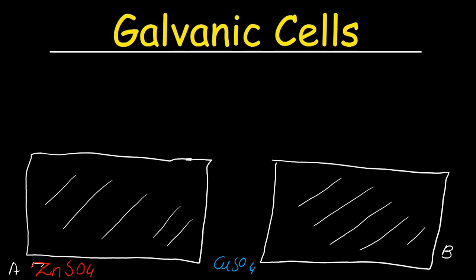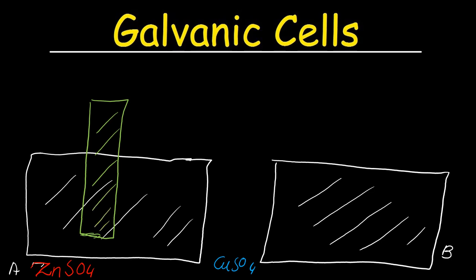A galvanic cell consists of electrodes. One is known as the cathode, which is made up of pure zinc metal, and it is present in the zinc sulfate solution.